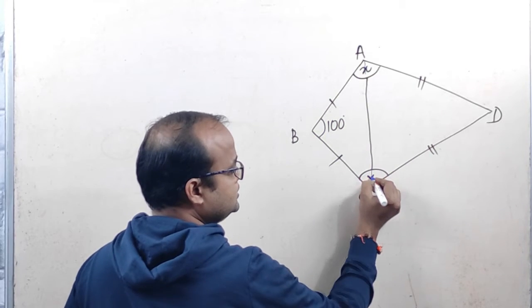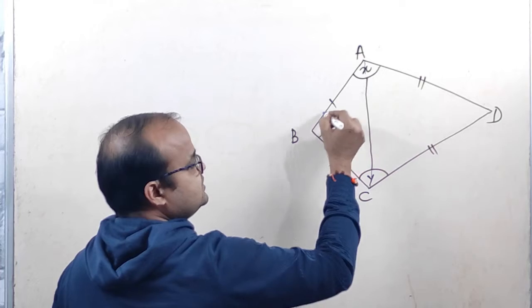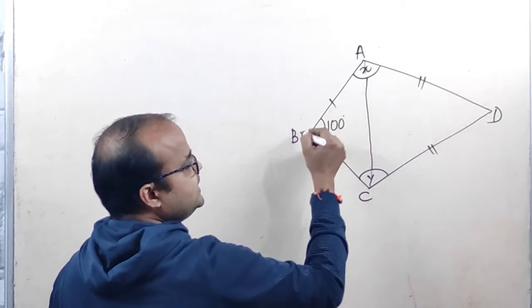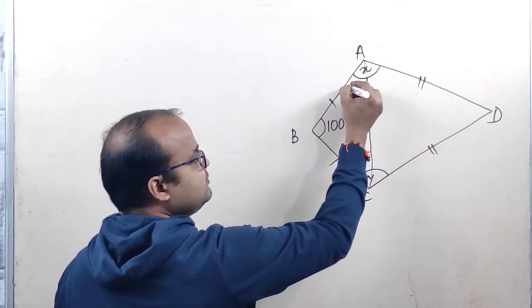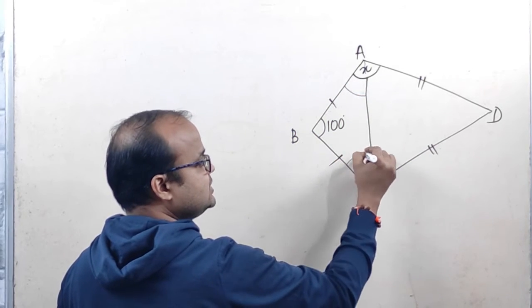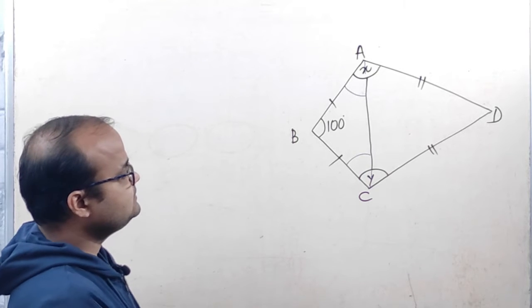If we join this, in triangle ABC, AB equals to BC. That means these two angles are equal using the properties of isosceles triangle.